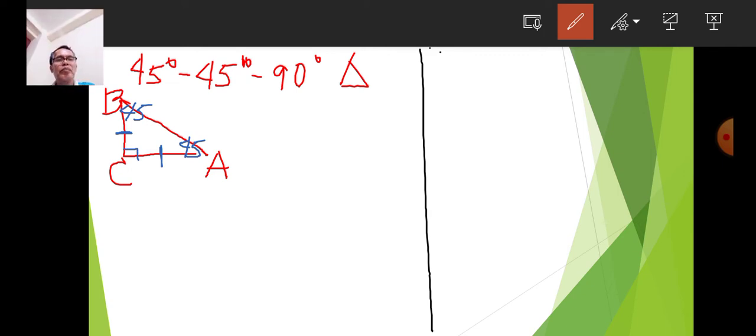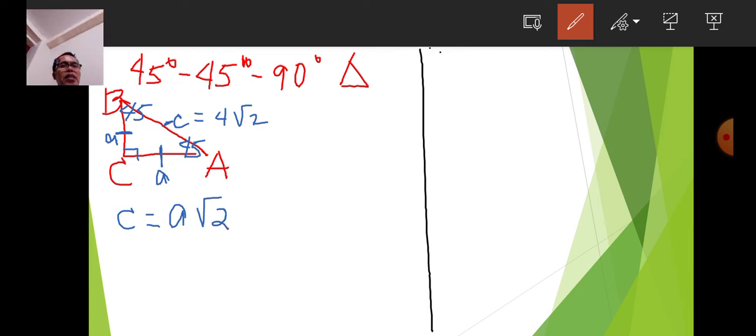So for example, C is given, C is equal to 4 square root of 2, and you are told to find A. A and B are congruent, so therefore B must also be equal to A. The formula in finding the hypotenuse of a 45-45-90 degrees triangle is C equals A, the leg, times the square root of 2.